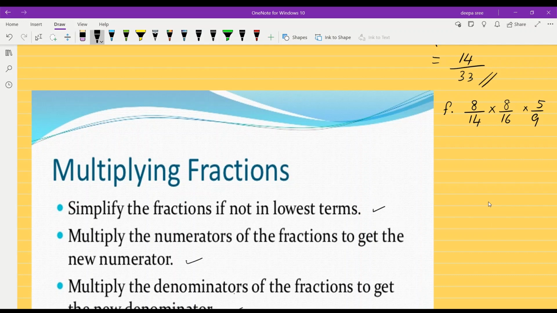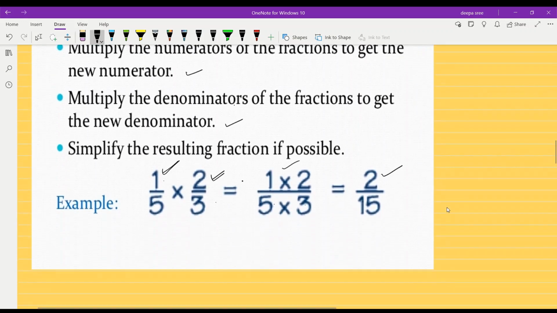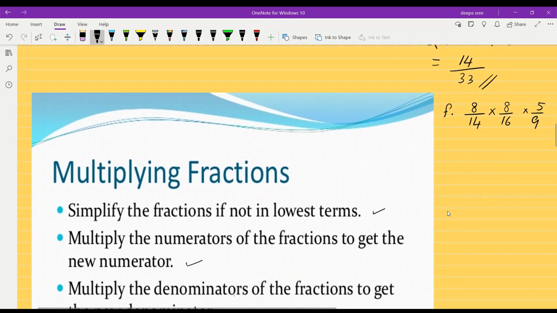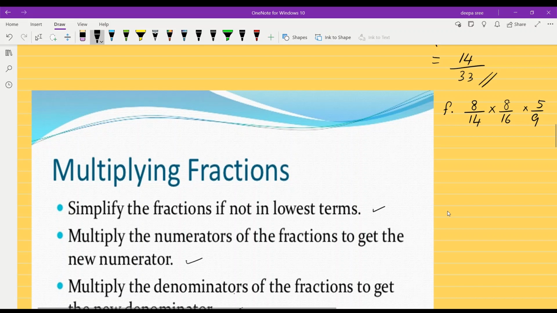So this is the last question. Here we can multiply 8 into 5 by 14 into 16 into 9.